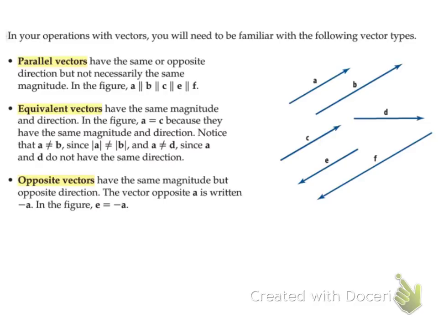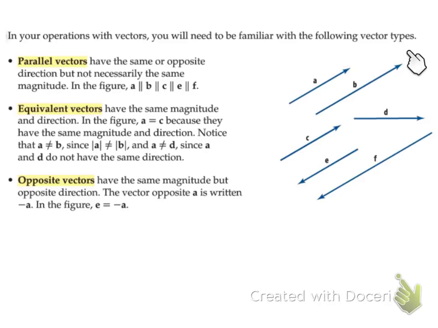So for our operations with vectors, you may want to actually know what it means to have parallel, equivalent, or opposite vectors, okay? So on these, we got parallel vectors. Parallel vectors have the same or opposite direction, but not necessarily the same magnitude. So in this figure, the vectors A, B, C, E, and F, so all of them but D, are all what we call parallel vectors.